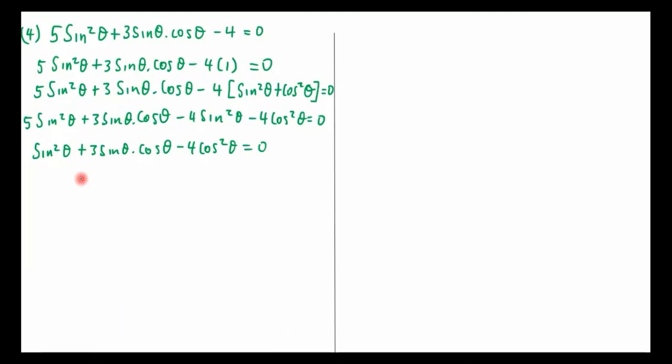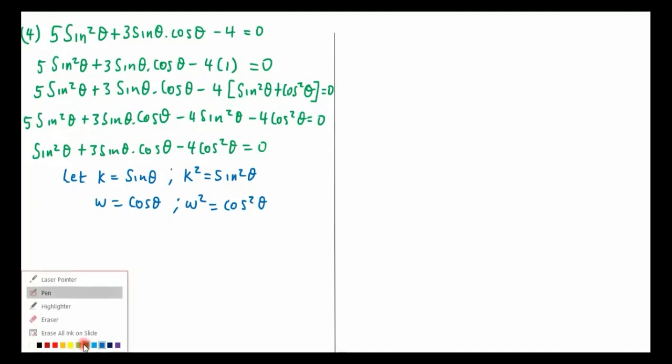If this is too difficult for you, you can say let k equal sine theta. If k is sine theta, then of course k squared is sine squared theta. And then we can say let w, because we also have another trig ratio there, be cos theta. And then from there, w squared is cos squared theta.